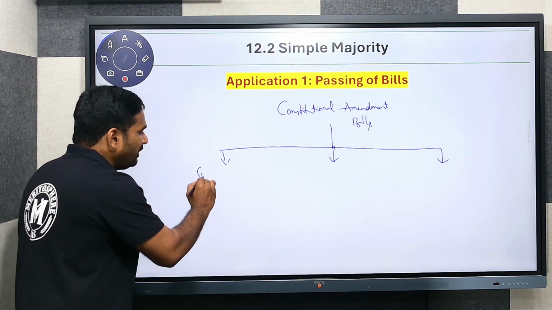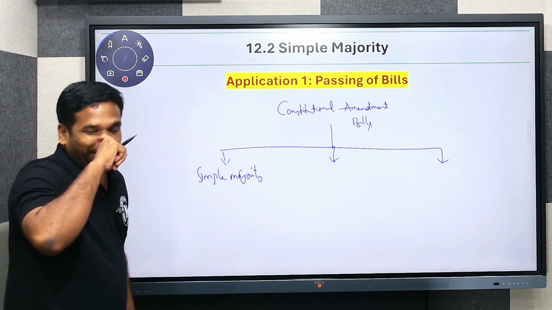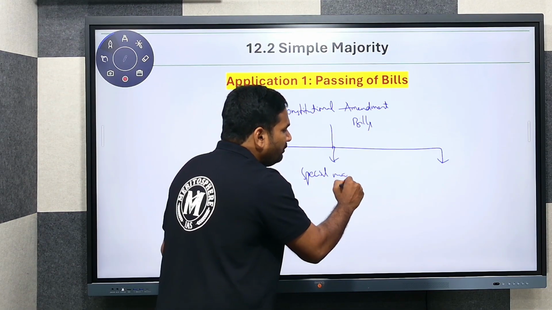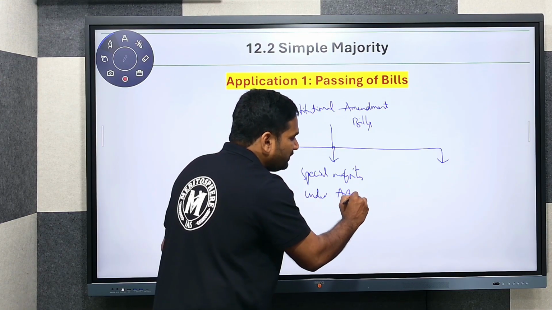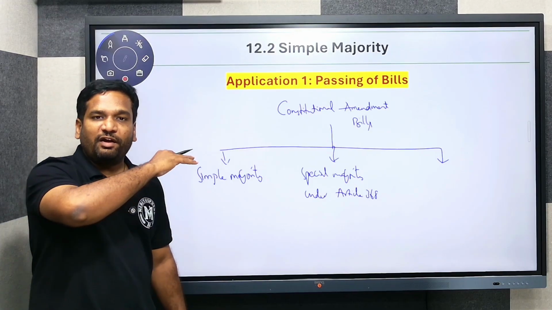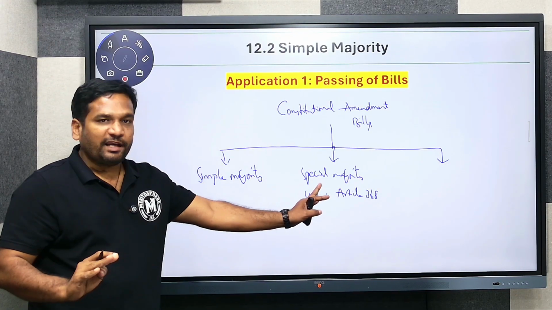They are simple majority, right? The second thing is special majority under Article 368. Whatever we discussed under special majority in the introduction lecture, where we saw there are four types, this is the second type.